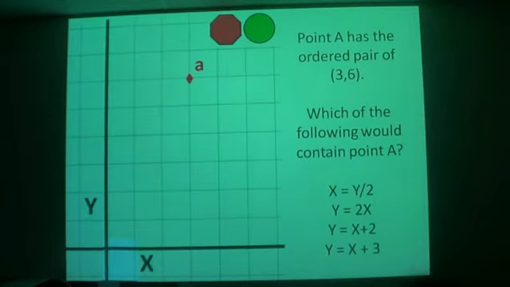Now, what's all that have to do with point A has the ordered pair of 3, 6? Which of the following would contain point A? Well, if you know the math, you don't have to brute force knock it out the way we did.